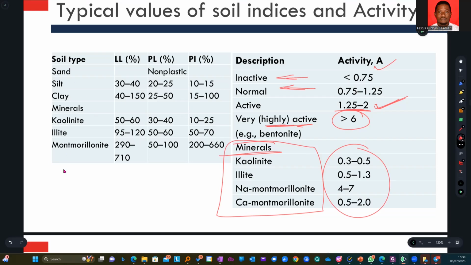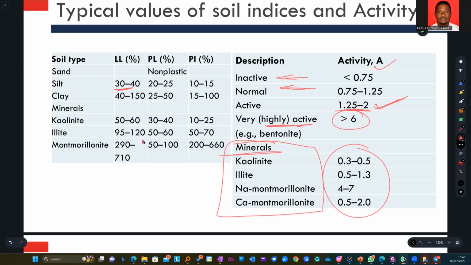And then we have various soil types and the likely liquid limits, plastic limits, and plasticity index you are to expect. So for example, just by describing or classifying a given soil sample, you know this is sand. You can't compute liquid limits and have values beyond these. These are theoretical values that people have obtained by testing a wide range of soil samples.